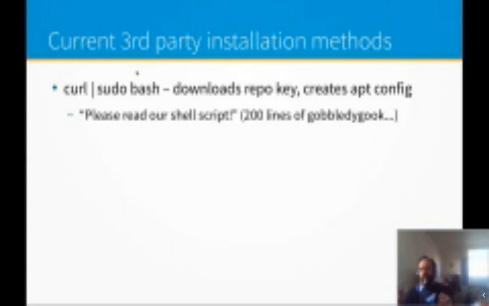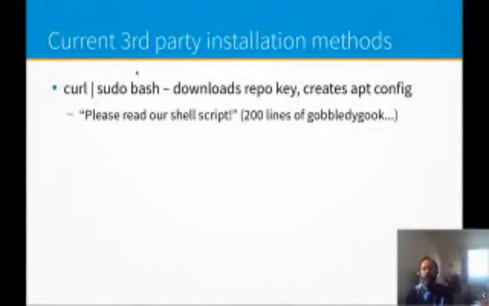To mitigate that, they say please read our shell script. But most of those shell scripts are long and complicated, and you can't expect everybody to understand that. So it's not really an ideal situation.